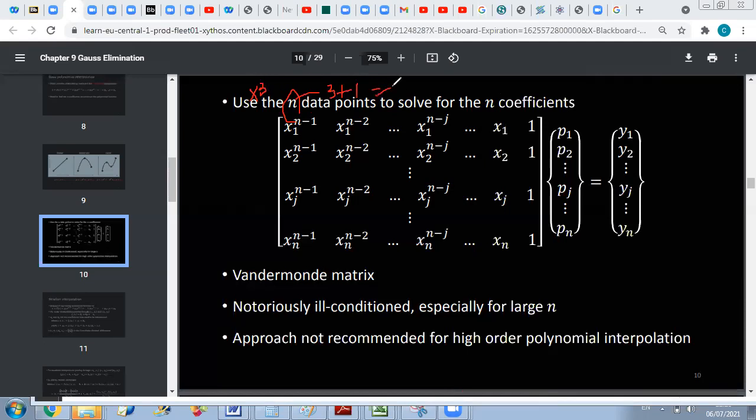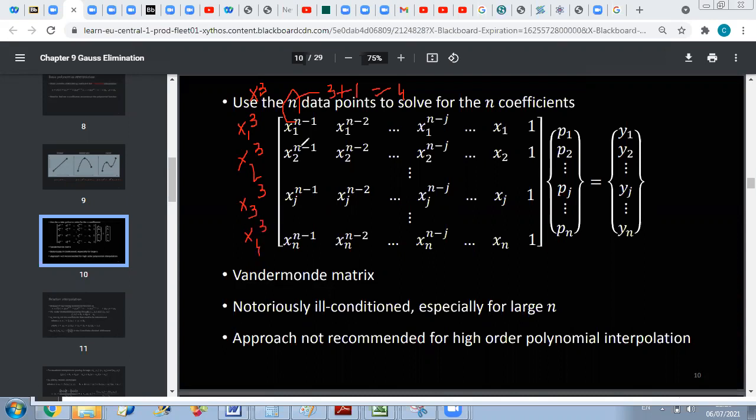So I will need 4 data points to do a cubic interpolation. And then the first column will be x1 to the power 3, x2 to the power 3, x3 to the power 3, and x4 to the power 3.